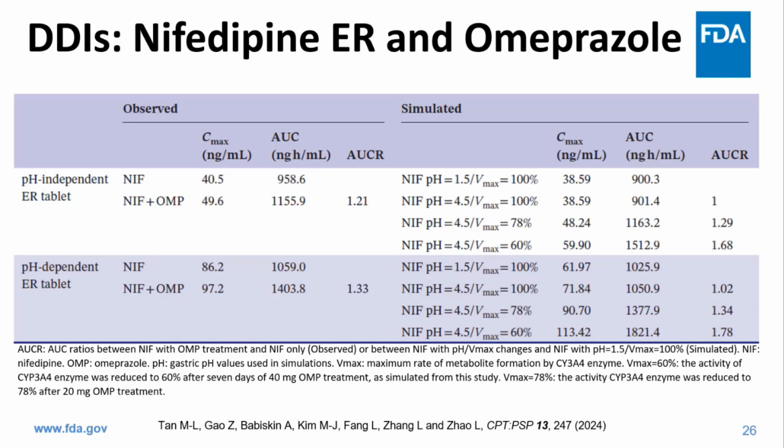So the data shown here suggests that the elevated gastric pH following multiple dose administration of omeprazole has a minimum effect on nifedipine PK, whereas CYP3A4-mediated DDI is likely the main driver of the observed change of nifedipine PK in the presence of omeprazole.